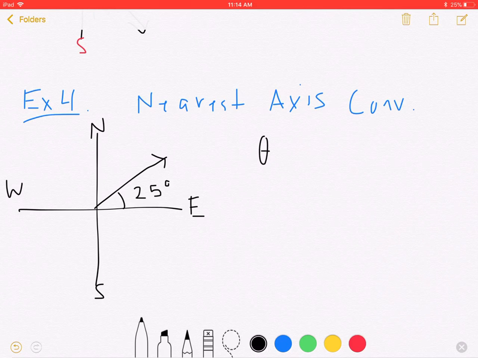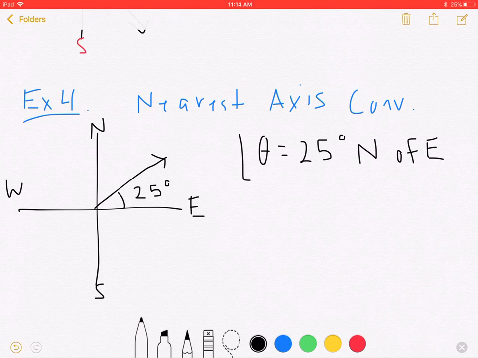Two ways in which we can measure theta. So we could use 25 degrees north of east, right? You move north from straight east.